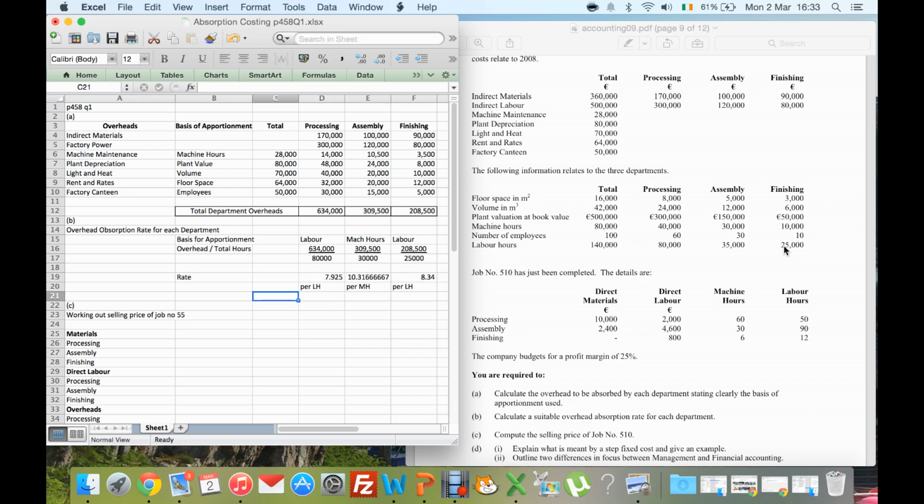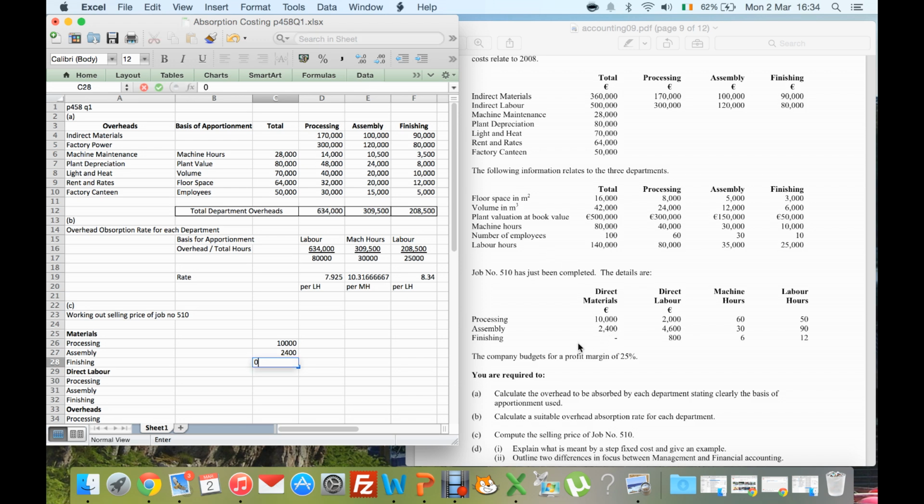Okay. So working out the price of this job. This job is job number 510. The materials is easy enough. It's given to us. We've got 10,000 in the processing department, 2,400 in the next one, and then 0 in this one.